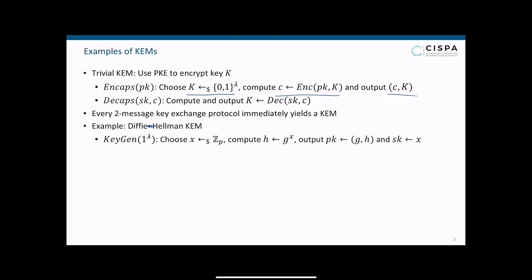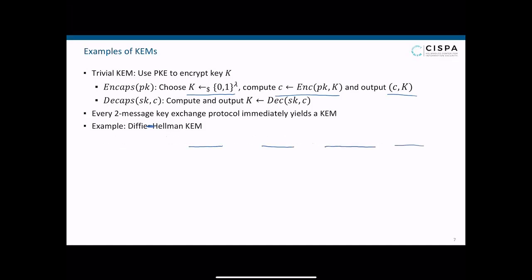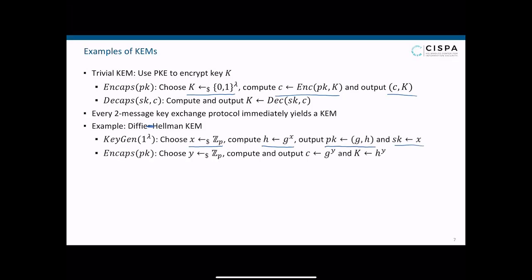My keygen just chooses a random x from Z_p, computes h as g to the x, and outputs pk = (g, h) and sk = x. My encapsulation mechanism chooses a random y, and outputs a ciphertext c, which is g to the y.